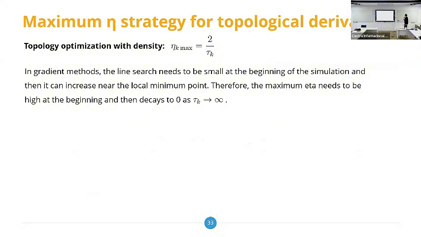As I explained at the beginning of the presentation, for gradient methods, we start with an initial guess and then some gradient, which is relatively high because we are in a region with a high slope. So we need a tau at the beginning that is small enough. And once we arrive at the local minimum point, later tau can increase.